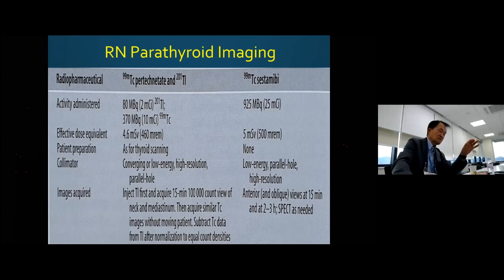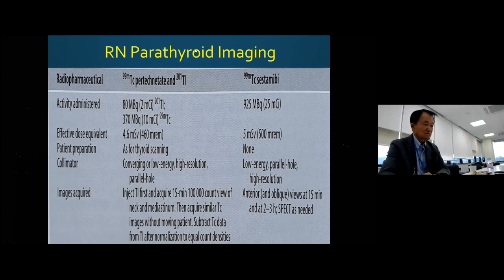Unless the tumor becomes bigger, you cannot detect a tiny one. So you need the SPECT to locate properly, because the international nomenclature requires some relationship to the esophagus and also superior, inferior clearly. So SPECT is the best.